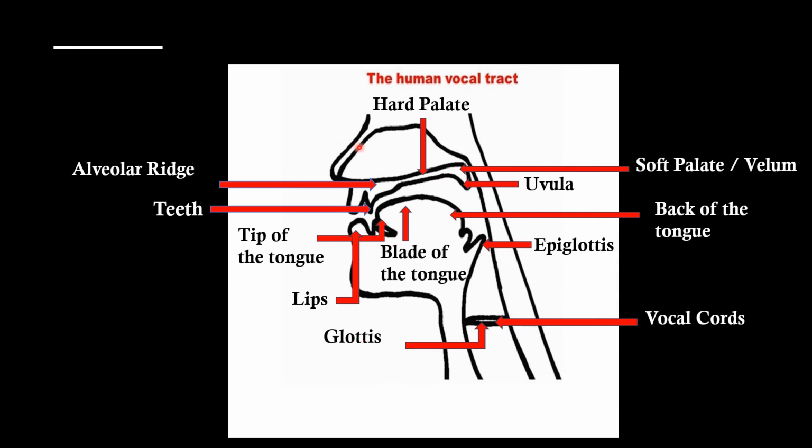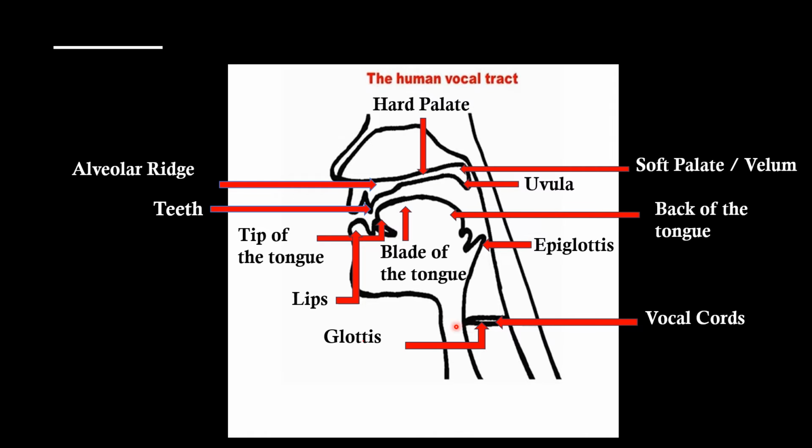And to continue, here we have the human vocal tract, which is the area from the nose to the throat, which helps us to produce sounds. Let's start in here with the vocal cords. The vocal cords are elastic tissue placed in the larynx, as we can see here.